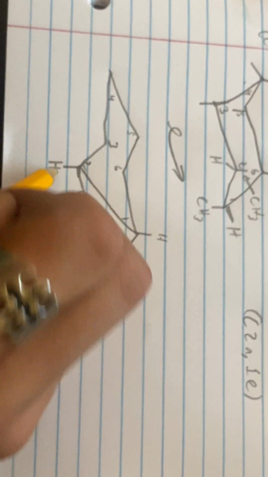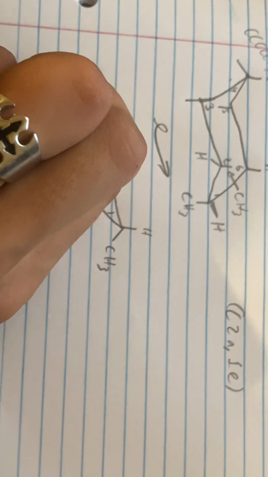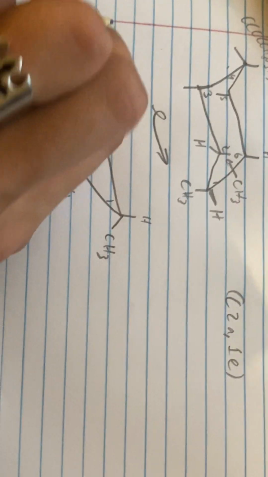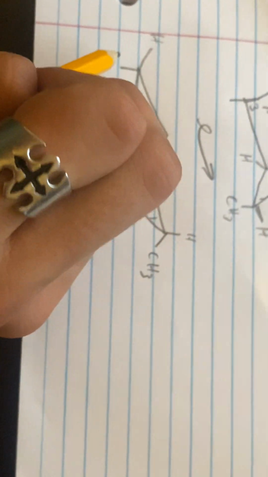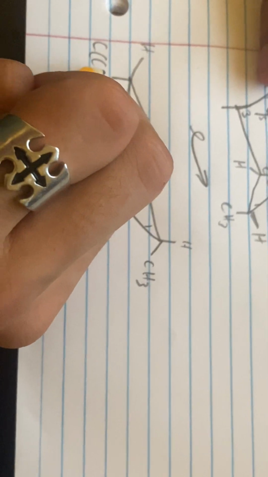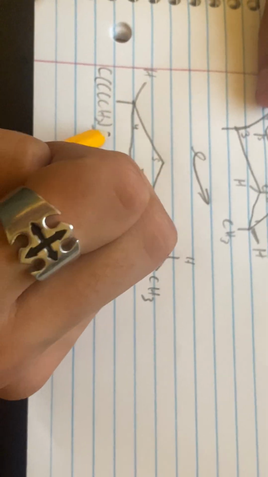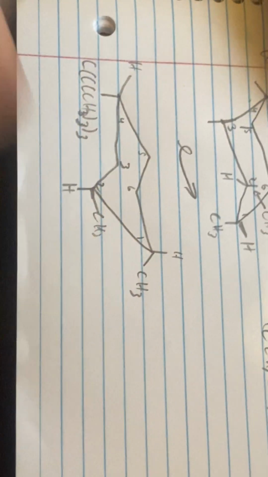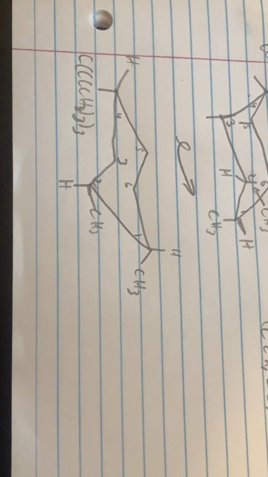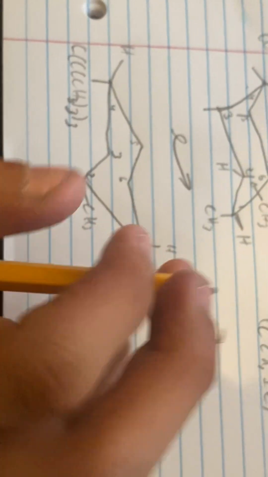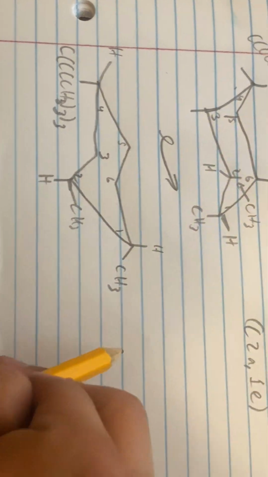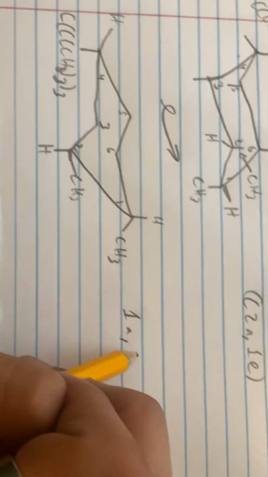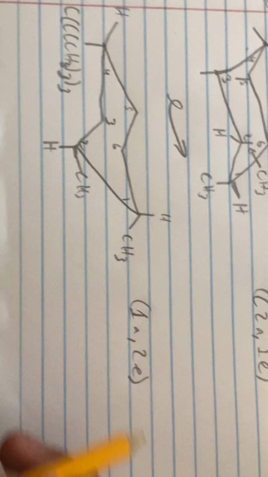Hydrogen going to the side, and the big one, CH3. It's horrible, but it's just a bigger number. At 5, nothing, since we don't need to worry about that. And over here, we have 1 axial and 2 equatorial.